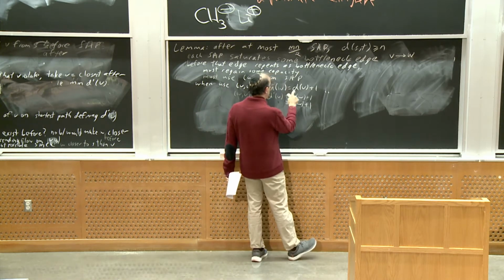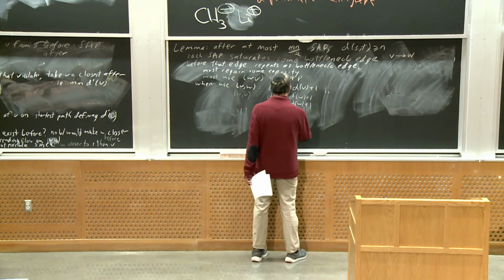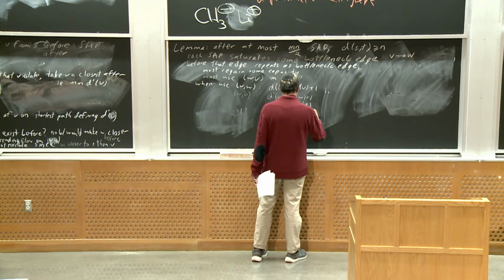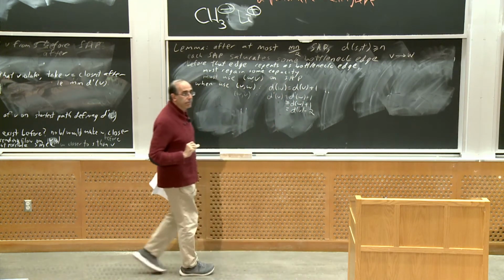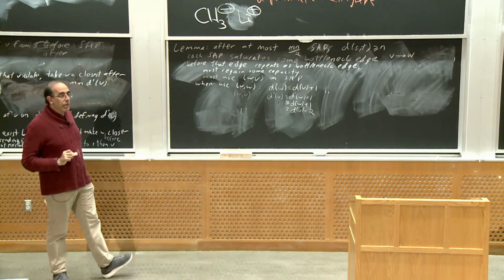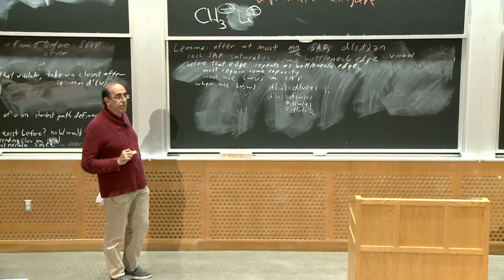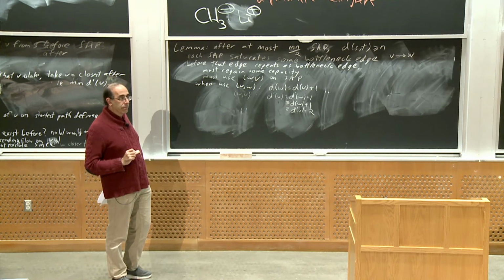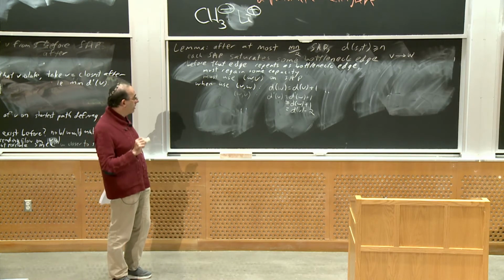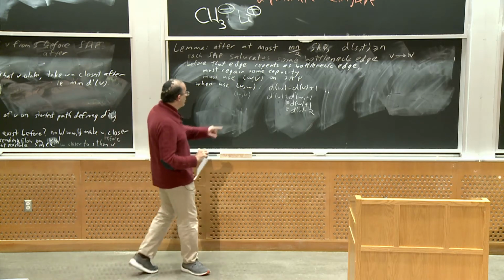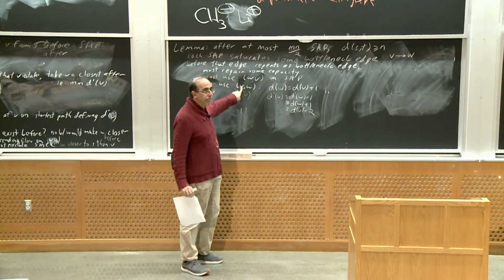But d of W, you said, was equal to d of V plus 1. So we can write this as d of V plus 2. Right? So before we reuse the edge, the distance of V has to grow by 2. Now that's the tail of the edge, right?